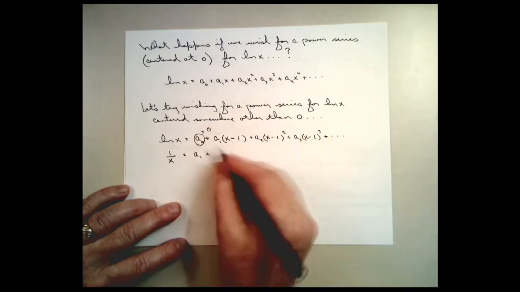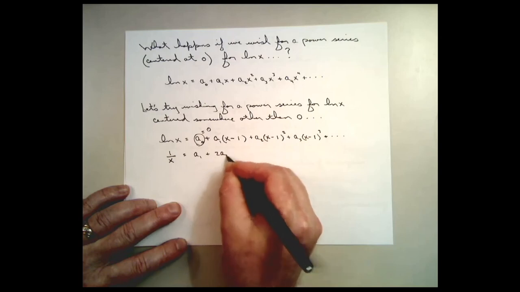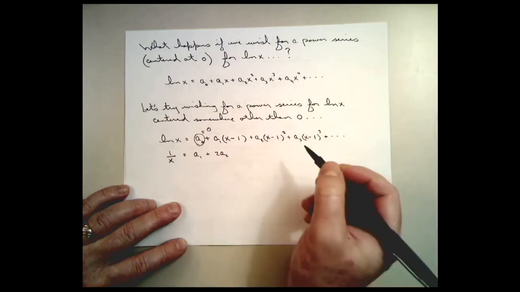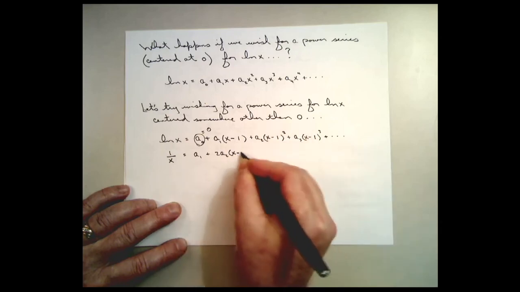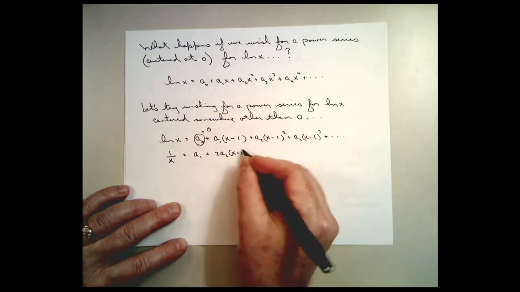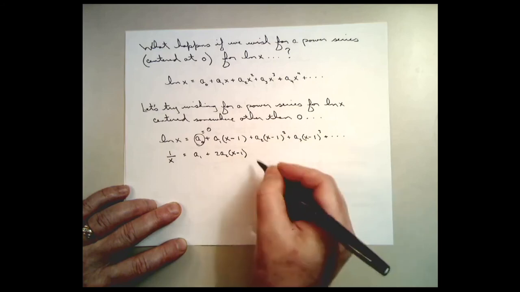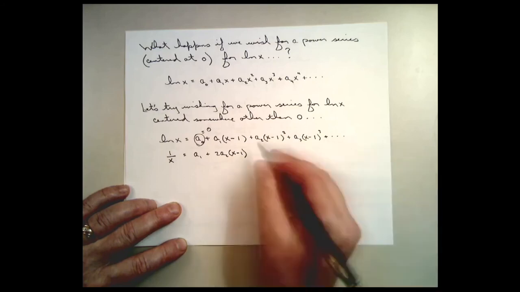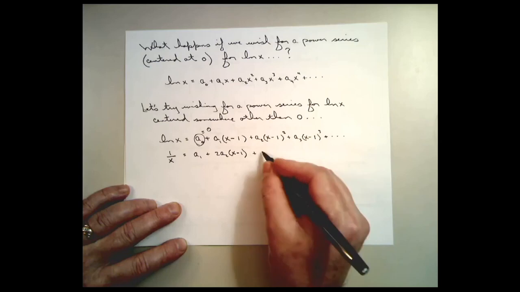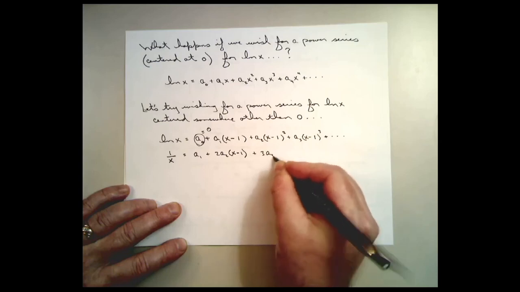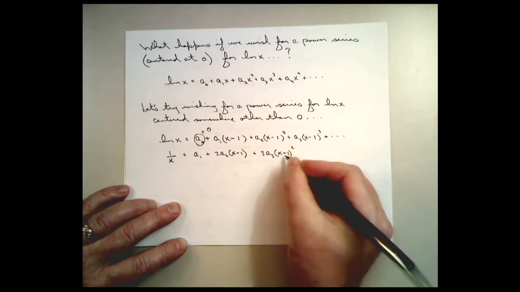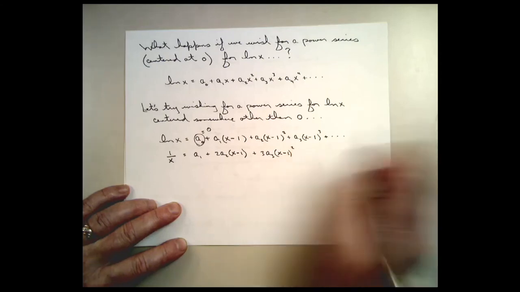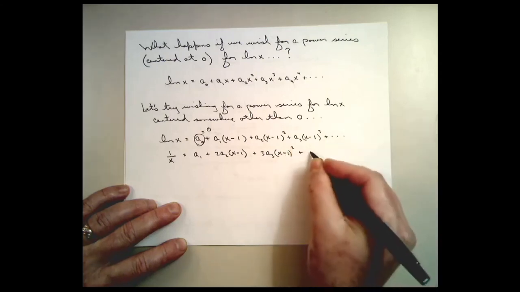Then I'm going to have 2a sub 2 times x minus 1 times the derivative of x minus 1, but that's 1. Then I'm going to have 3 a sub 3 times x minus 1 squared times the derivative of x minus 1, so times 1, and so on.